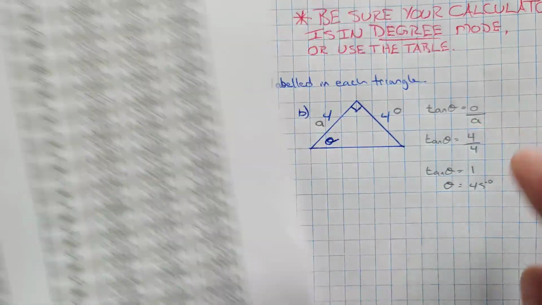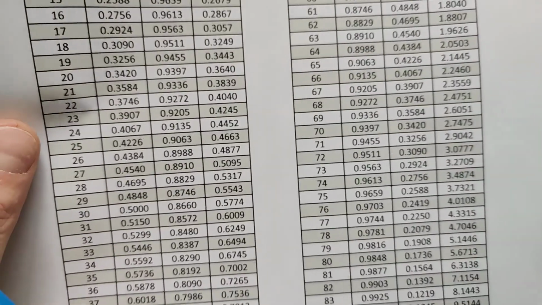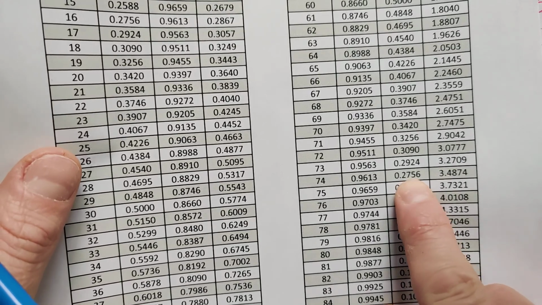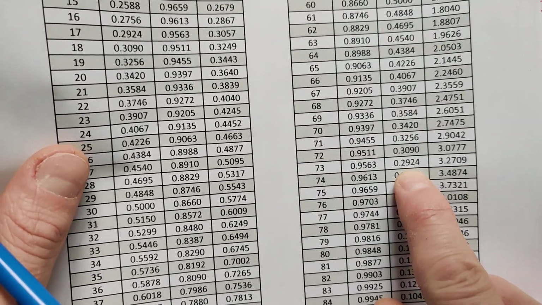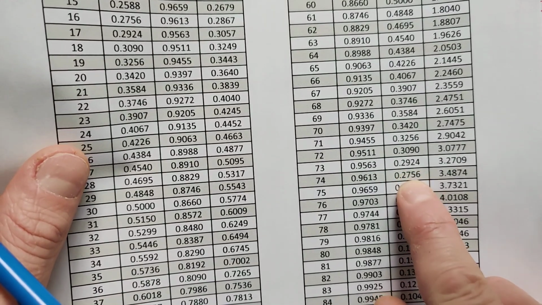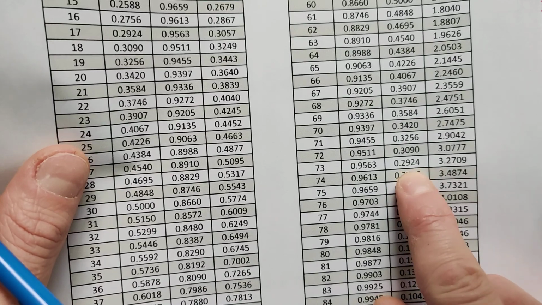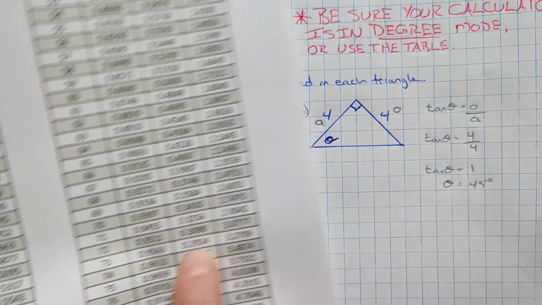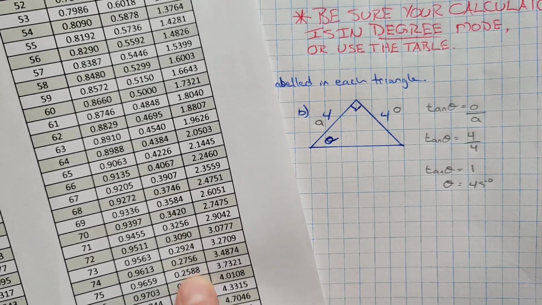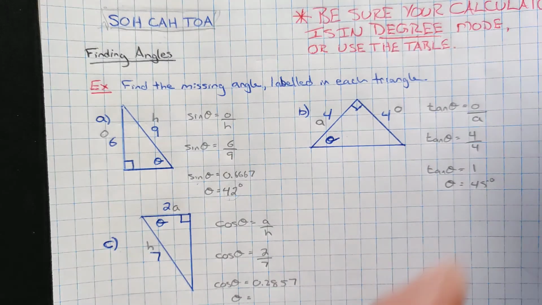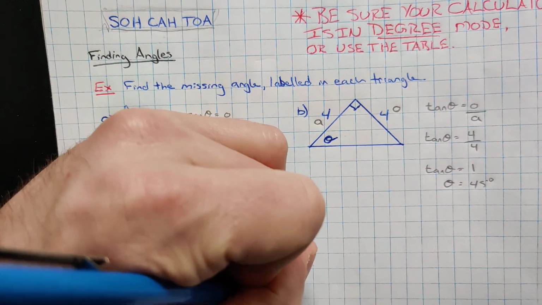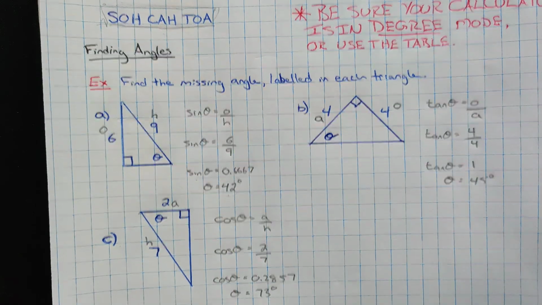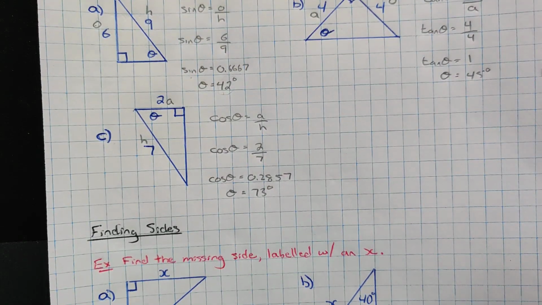And again, I can check on my piece of paper here. We're looking for 0.2857. And there's 72, or 74 is 0.2729. So it's in between 73, 74. And it looks like it's a little bit closer to 73, although I would accept 74 as an answer as well. So 73 degrees is our result there.